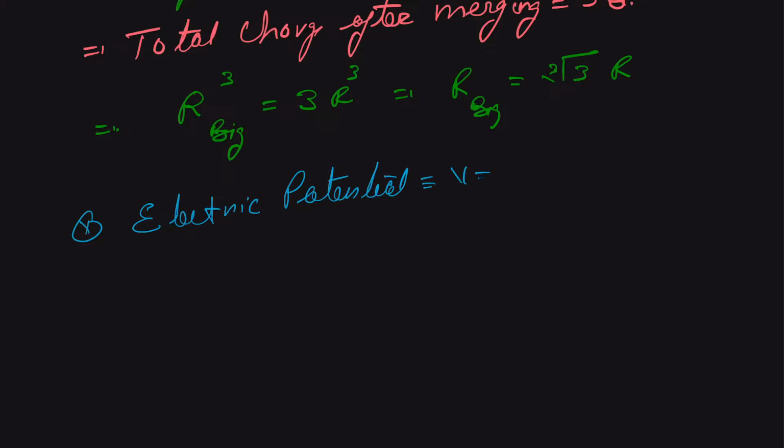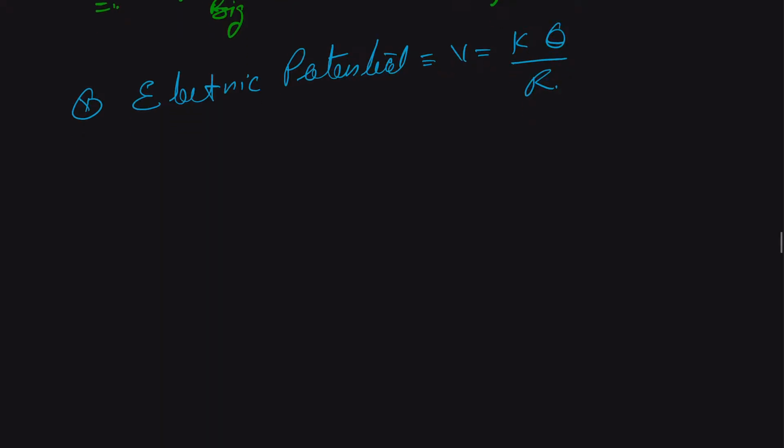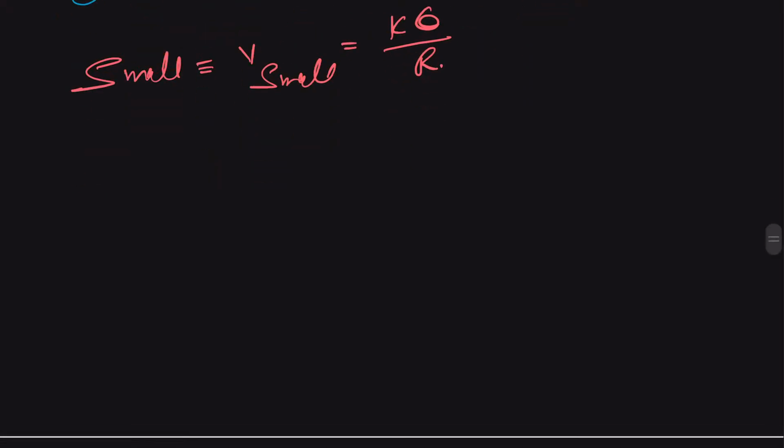We know that our electric potential V is given as kq upon r. So we can write this same formula for the small as well as the big. For small, the potential will be equal to kq upon r, and for big, the potential will be equal to k, this is our 3q, and radius of the big.